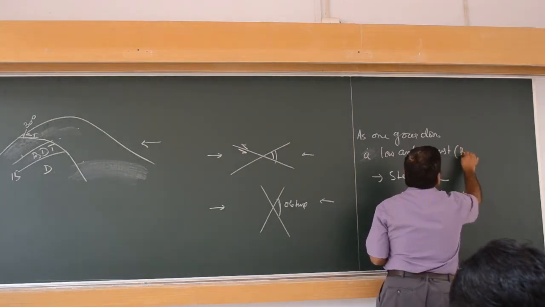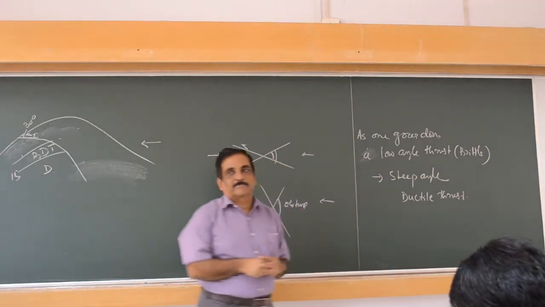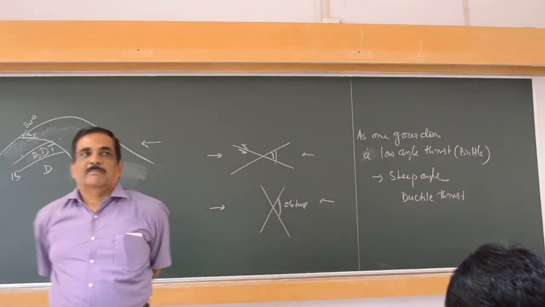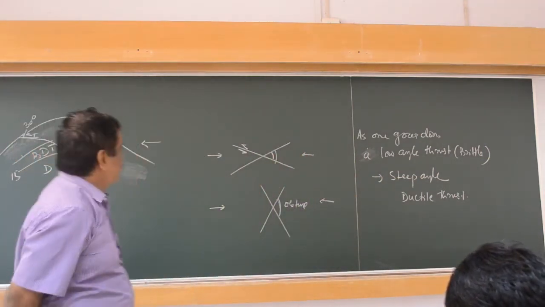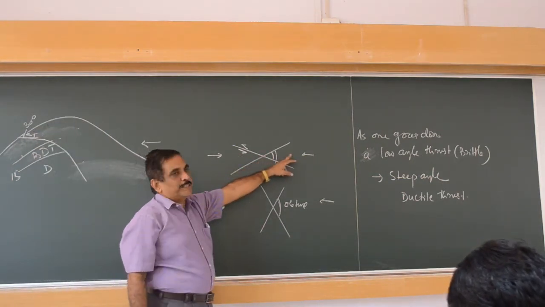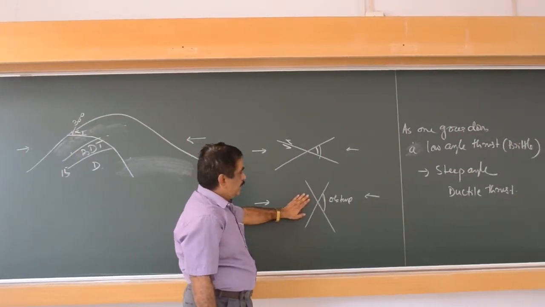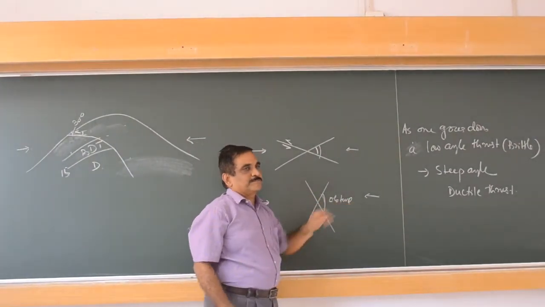Here is a brittle thrust. This part is clear now, because this is the principle. If the rock is brittle, the acute angle should face the direction of compression. If the material is ductile, the obtuse angle should face.